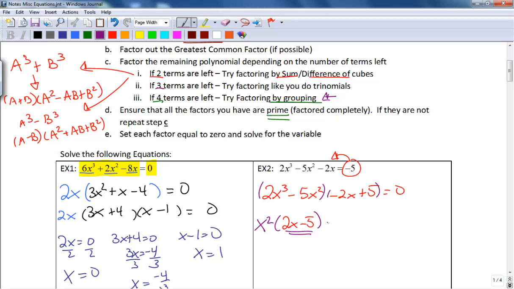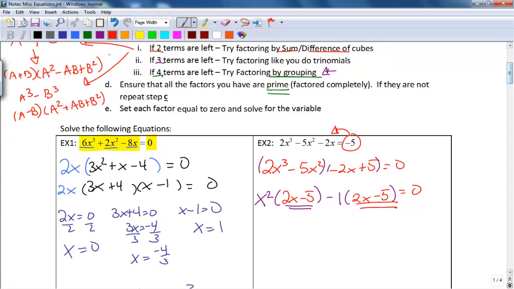I can always factor out a negative 1 from the negative 2x plus 5. If I factor out a negative 1 from a negative 2x, I'm left with a positive 2x. And if I factor out a negative 1 from a positive 5, I'm left with a negative 5. So I end up generating the same common binomial of 2x minus 5. So I was able to generate the same binomial on both sides.